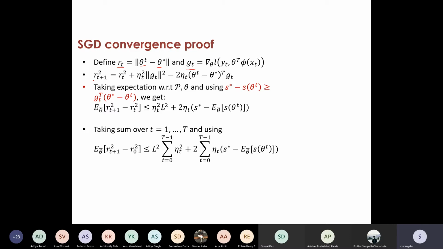Now you get the first equation, which is RT plus 1 square is equal to RT square plus eta t square norm of GT square minus twice eta t theta t minus theta star transpose GT. You can derive this just by substituting RT into the update equation.